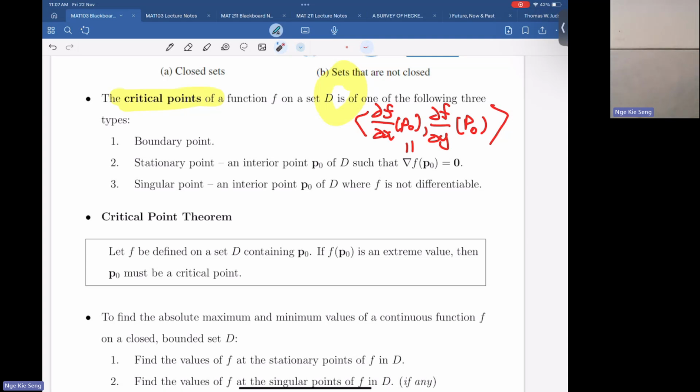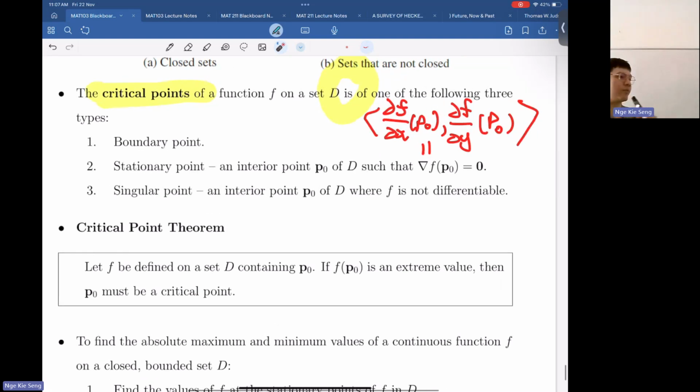If f(p naught) is an extreme value, then p naught must be a critical point. Okay, so if you can find it, it must be a critical point. 所以你可以从 critical point 里面去找它。It doesn't imply the converse, so very important, this is just an if then, not if and only if. Meaning, if you are a critical point, it doesn't imply that you are an extreme value. But at least it reduces the cases you need to check. So what are the critical points? Okay, so very important here.